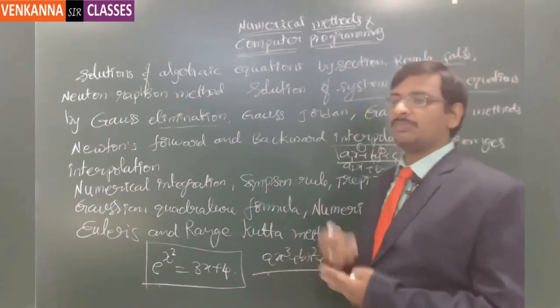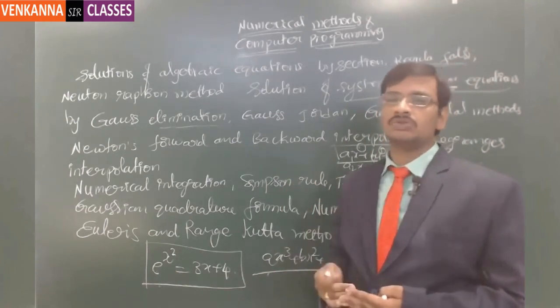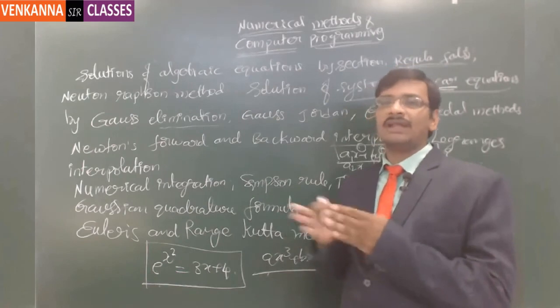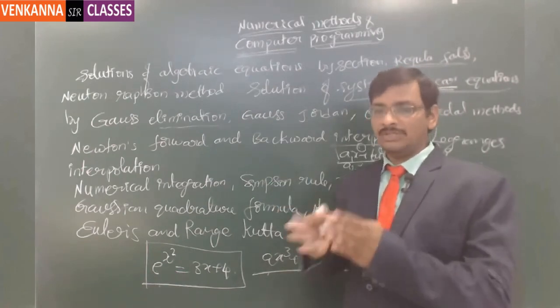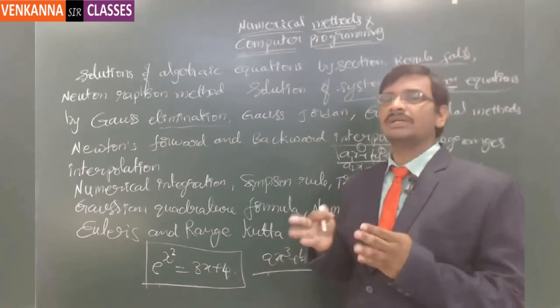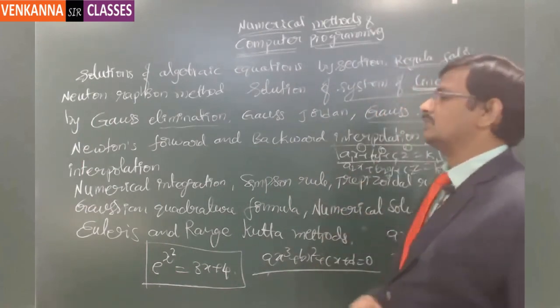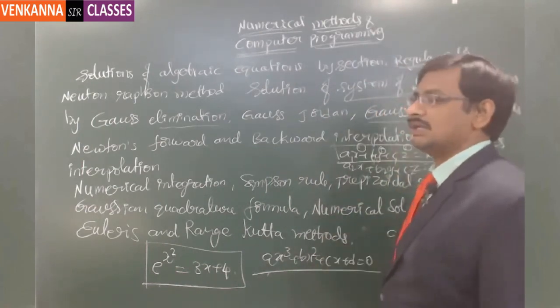This process continues till you get a better solution, or you fix an error limit, and if the error is lesser than a certain value you stop, and you call that the solution of that equation. That kind of iterative method we are going to discuss in the case of the Gauss-Seidel method.